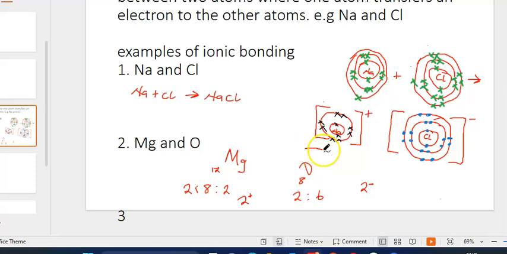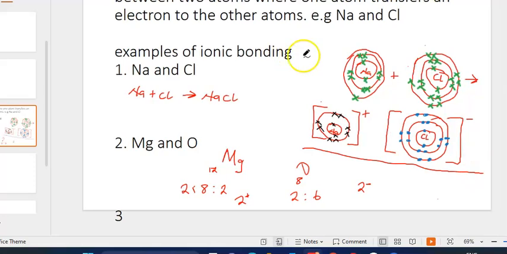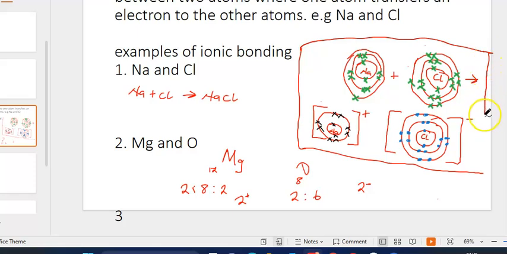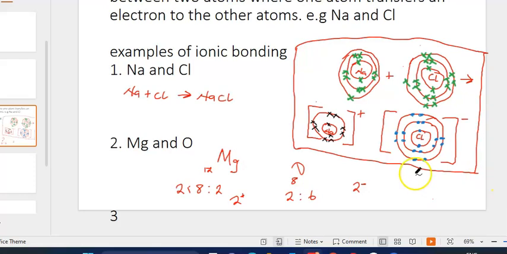Show the structures very well between magnesium and oxygen. For me, I'm going to end here, and I'll be following the answers from you guys. So ensure that you answer very well.